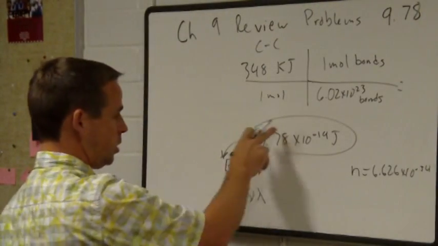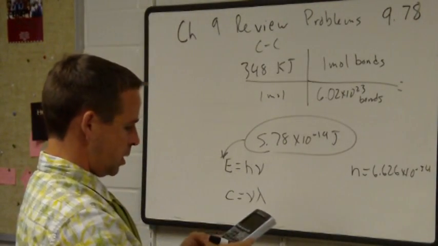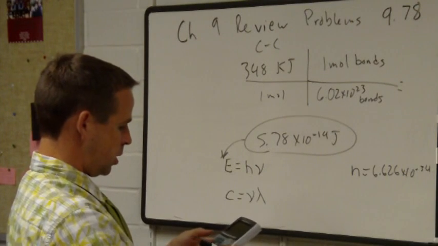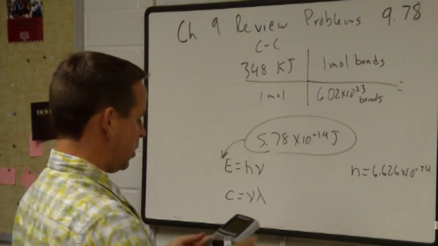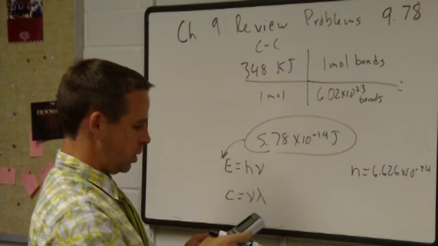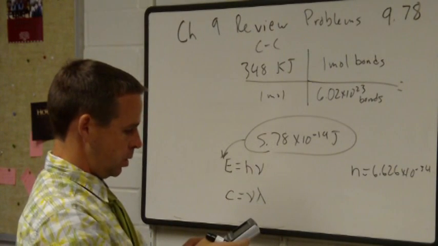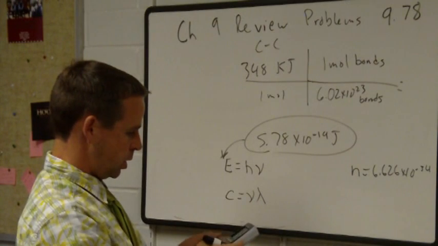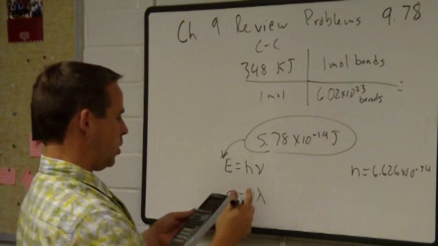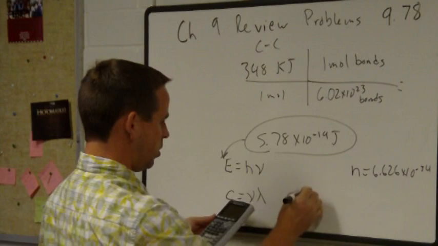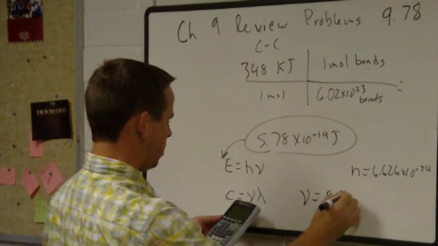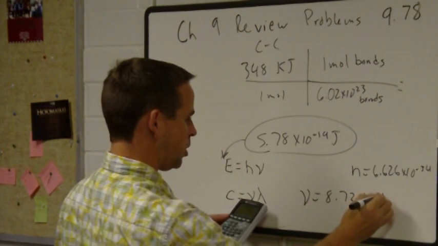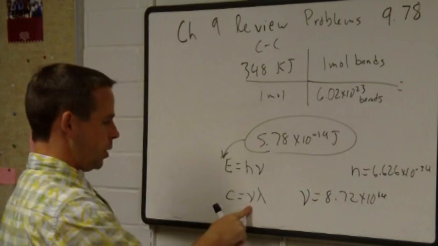So we take energy, divide it by Planck's constant, divided by 6.626 times 10 to the minus 34. I made a mistake here. Oh, there's the problem. So enter, bring it down there, push divide twice. So there we go. So the mu, the frequency, equals 8.72 times 10 to the 14th. All right, that's our frequency.